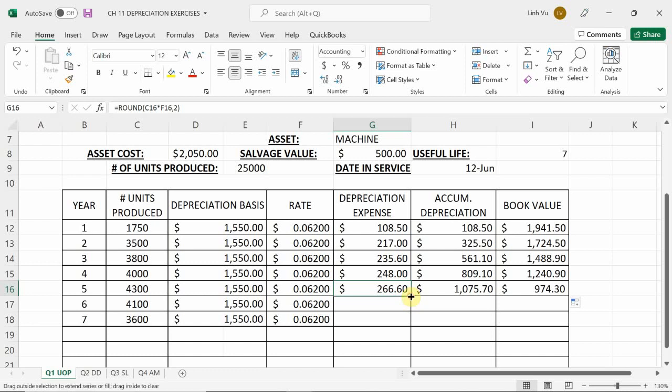I got 254.2. Okay. Now 1075.70 add 254.20.